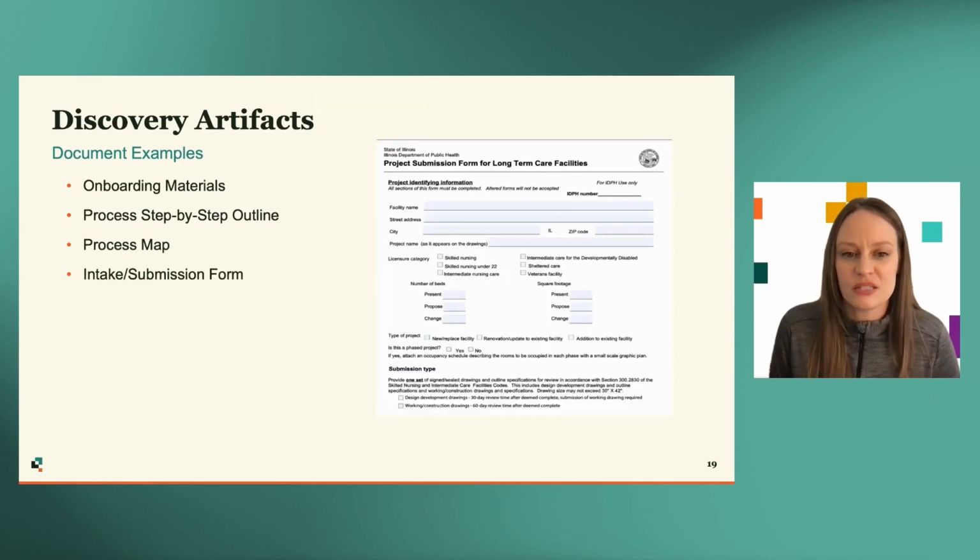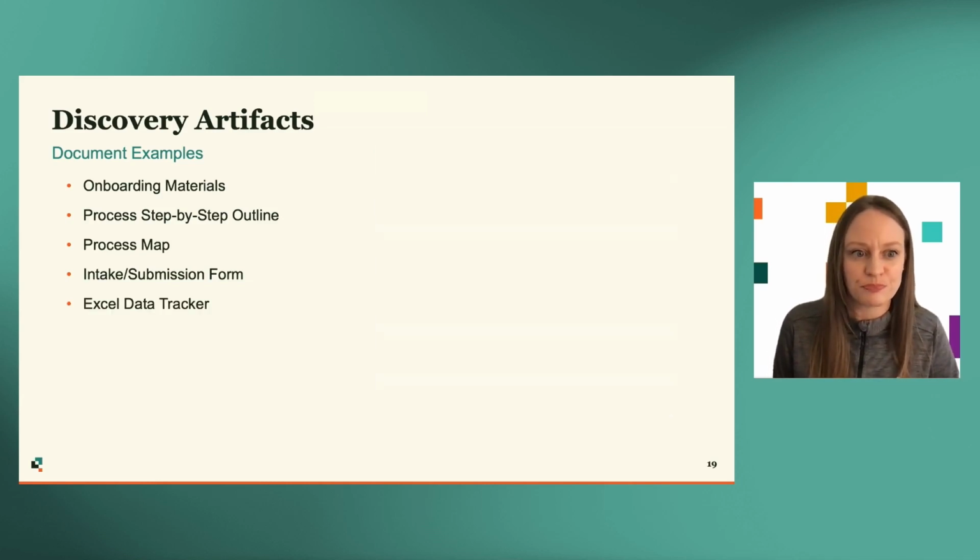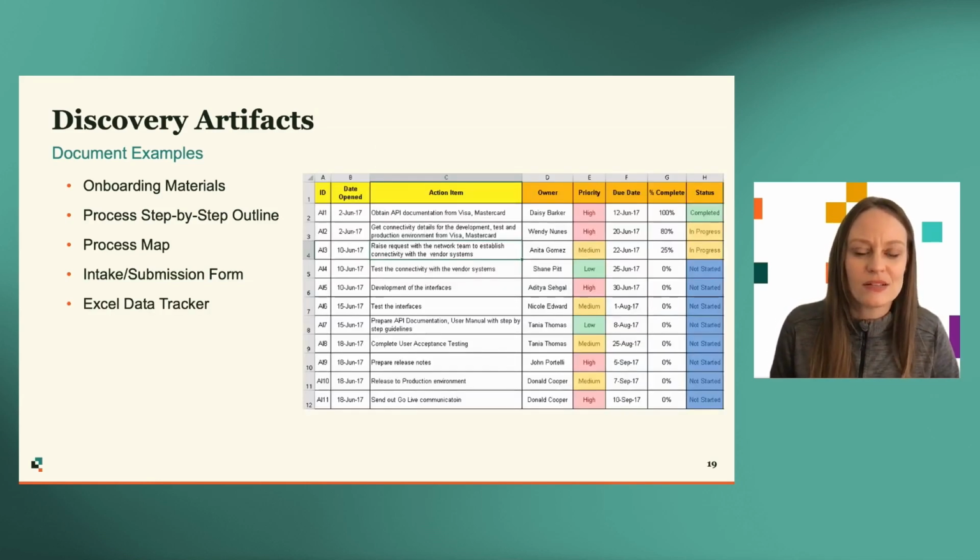Along with intake and submission forms. So these are great. They can happen at the beginning of a process or at the middle. Anytime people are asking for information from another group or even internally, these intake or submission forms are really helpful. And they also are going to be the basis of our forms in Quickbase. So it's really good to have examples of this and how they're filled out. Okay, Excel data trackers.